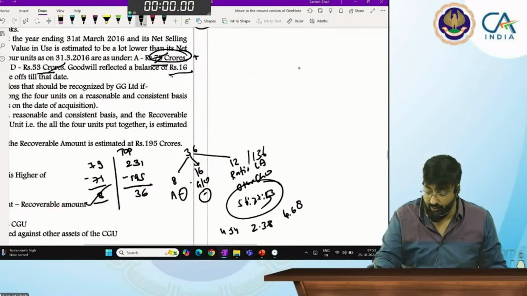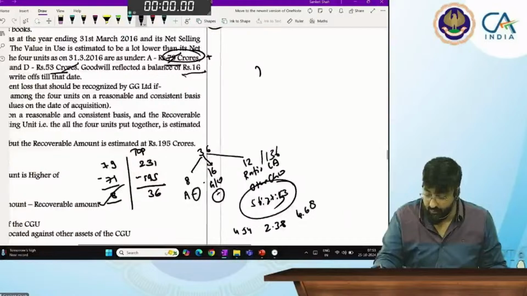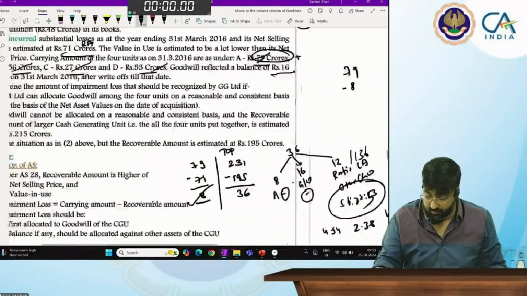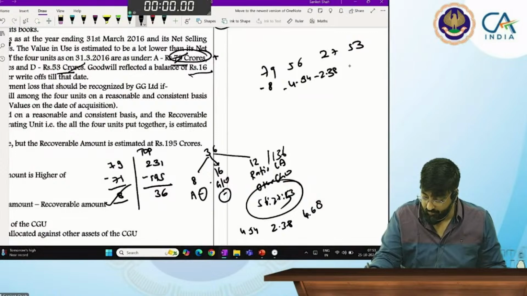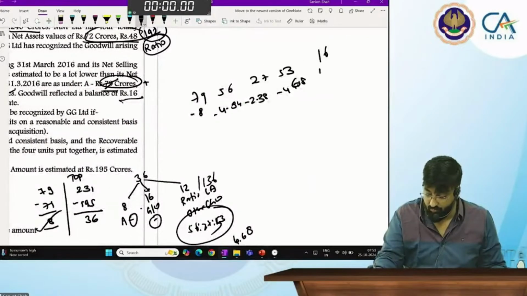Therefore my carrying amount will be: from 79, 8 will go; from 56, 4.94; from 27, 2.38; from 53, 4.68; and goodwill 0.